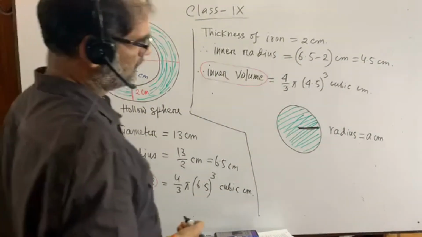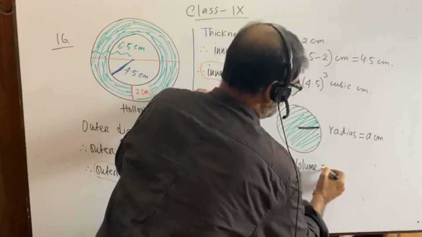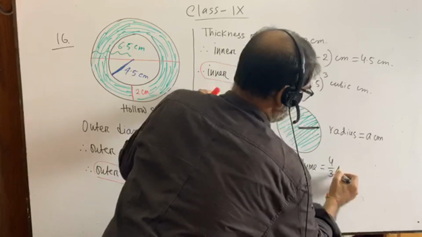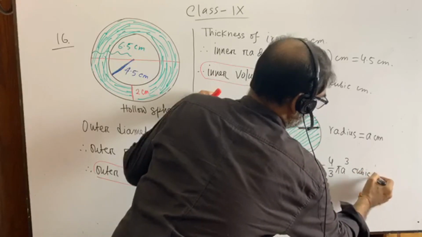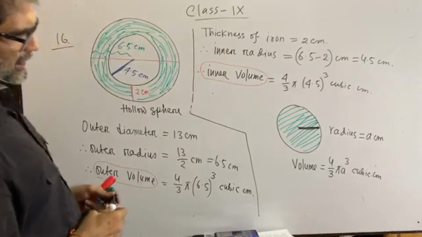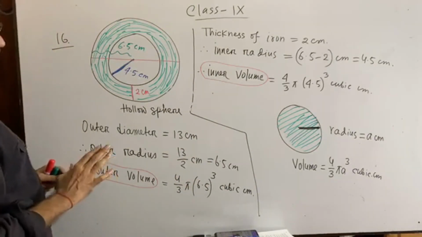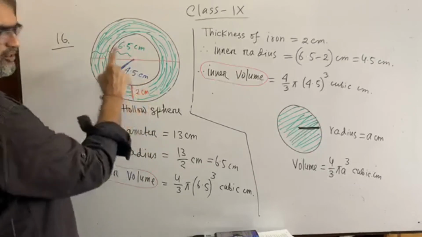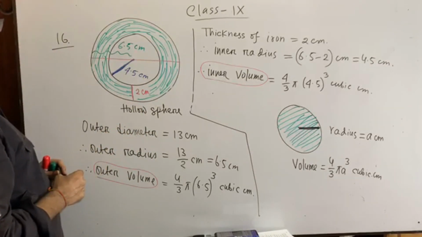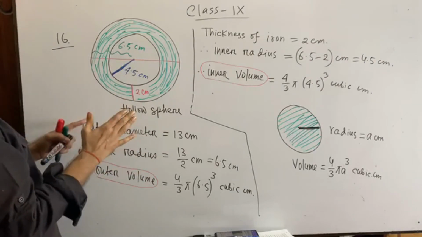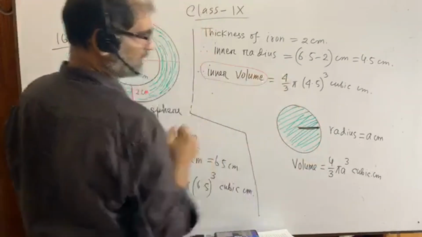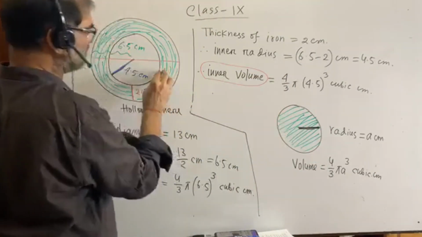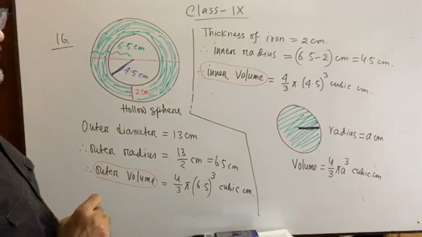That means its volume equals 4 by 3 pi a cube cubic centimeter. Now you see, like the previous math, the volume of the iron used in this hollow sphere is equal to the volume of the solid sphere. This iron and this iron are equal in volume.